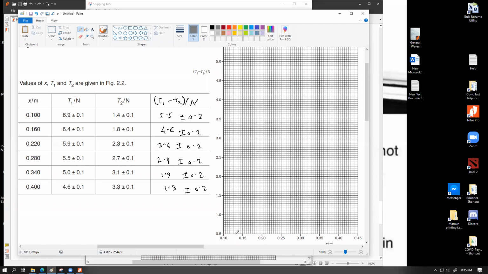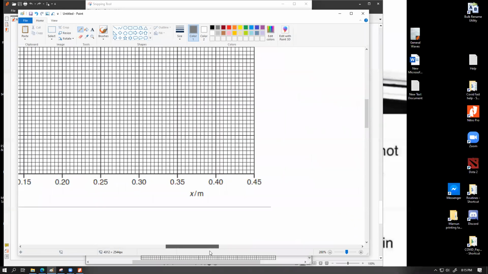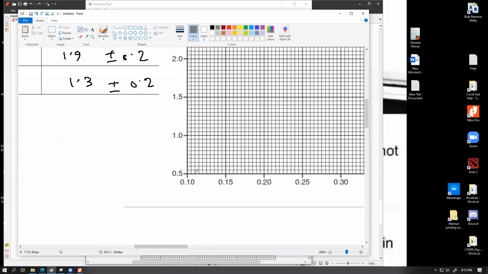Think about it. Understand the spacing of this graph. Here we have 10 divisions. If you count, here we have 1, 2, 3, 4, 5, 6, 7, 8, 9, 10. 10 divisions covering a total value of 0.5, which means the horizontal spacing of one of the smallest boxes is 0.05.